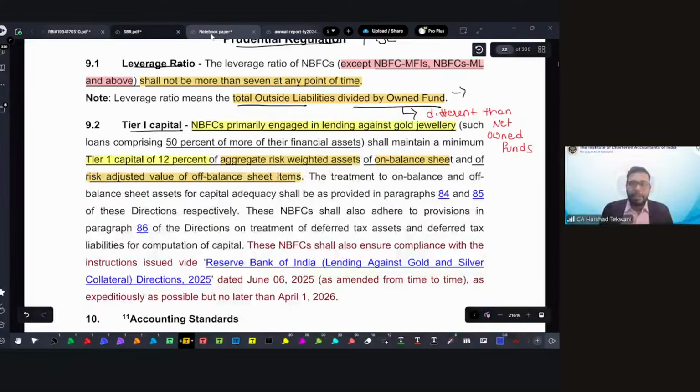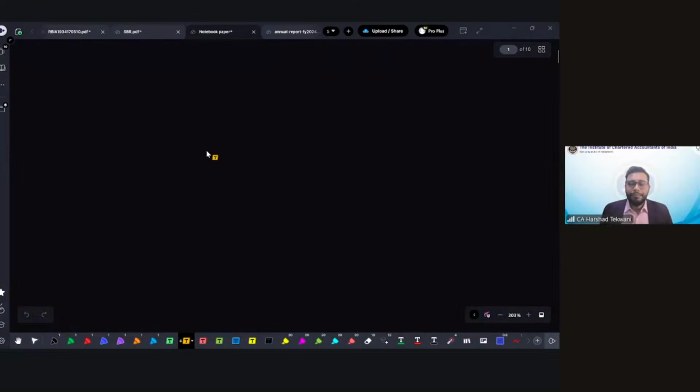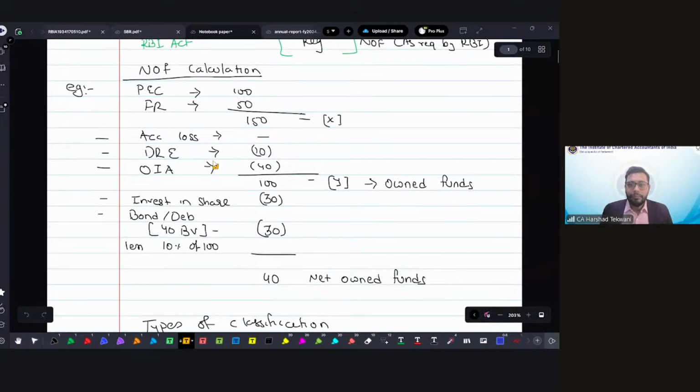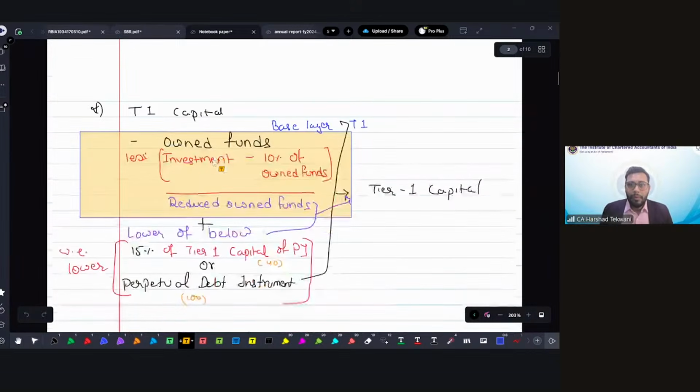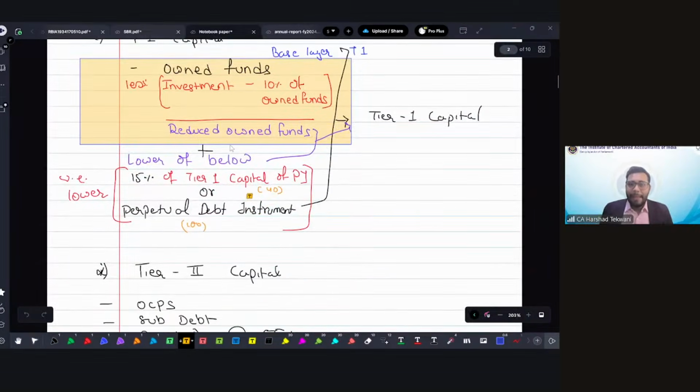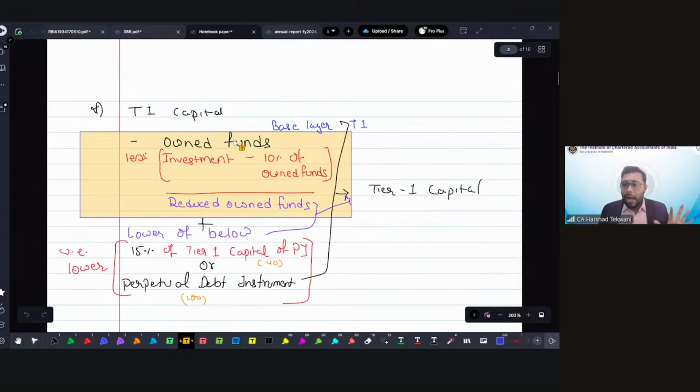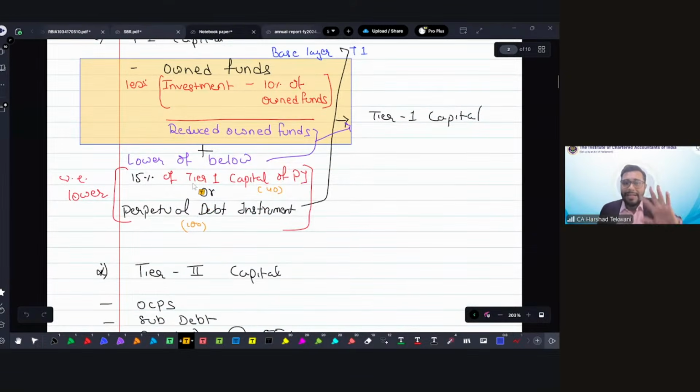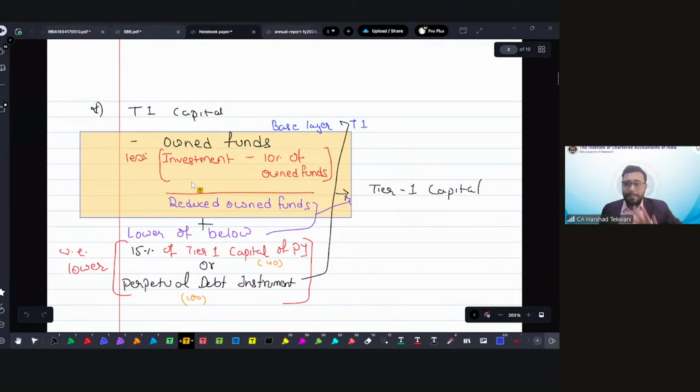For example, when we discuss this tier 1 capital, I know the formula, how to calculate it. This is the formula which is given to me: own funds minus this, that we discussed in detail. Let's say the outcome of this entire exercise of this particular formula. Okay, an example I'm talking about.